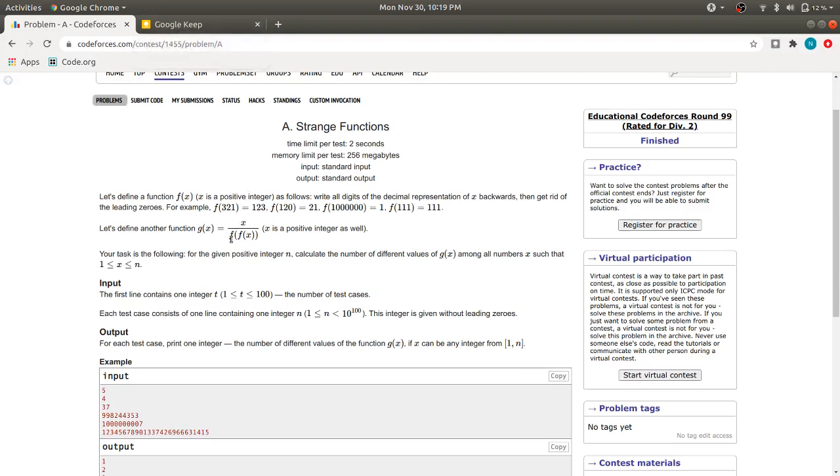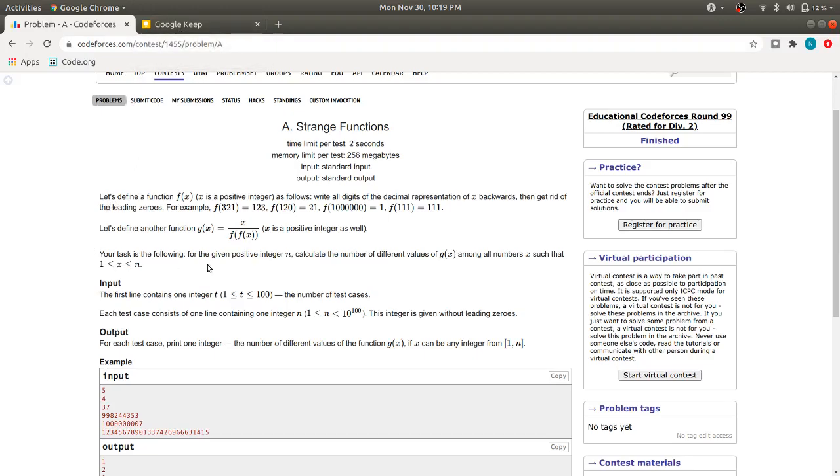Now let us see what our task is. We need to find all the different values of g(x) for values of x between 1 to n.